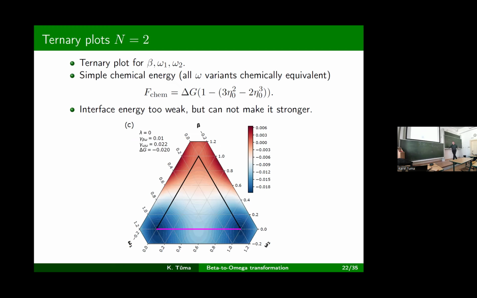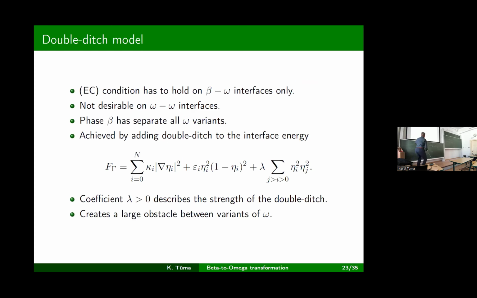We never want to be on this edge. And of course, then in our test, we did the thing that initially we put some points on the edge, and we want them to disappear and get away. So here we have the coefficient, the double ditch lambda parameter, which is positive, and making it larger, we make the hill between omega 1 and omega 2 bigger and bigger.